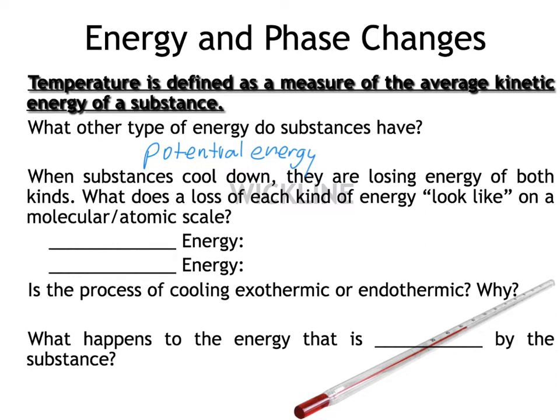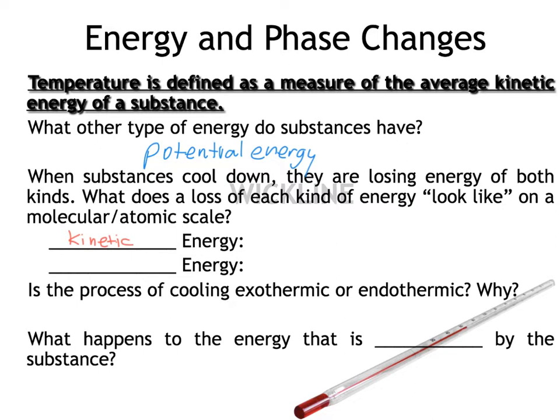So what does a loss of each kind of energy look like on a molecular or atomic scale? For kinetic energy, the loss of that kind of energy is going to look like the particles are vibrating with less motion, because kinetic energy is the energy of motion.